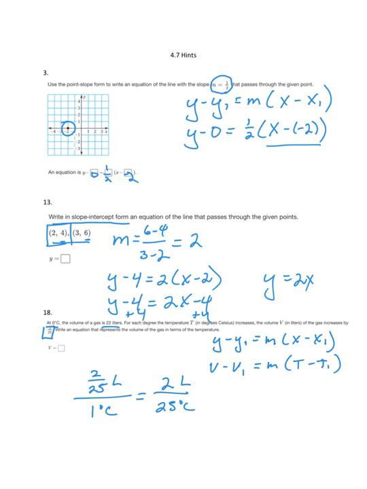So our V1, our volume that we're given, is 22 liters, so that's V minus 22 equals our slope, which is 2 over 25, times T minus our given temperature, which is 0. And then what we're asked for is to just take that equation and solve it for V, which I think you can do from there.